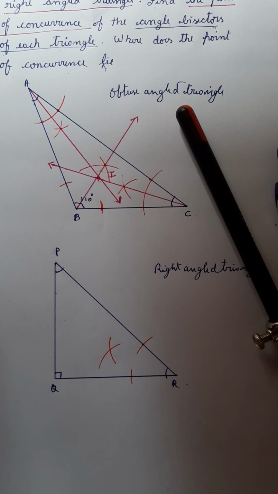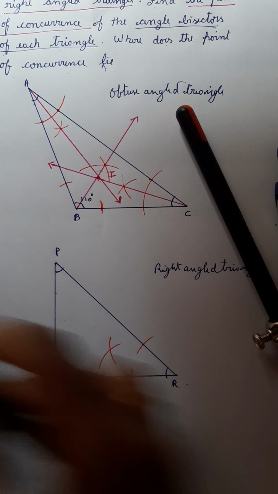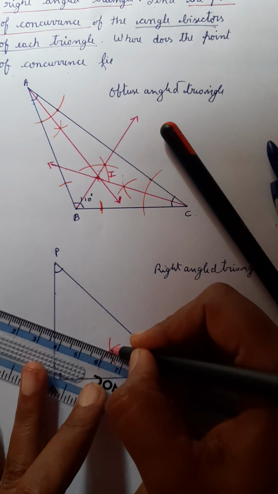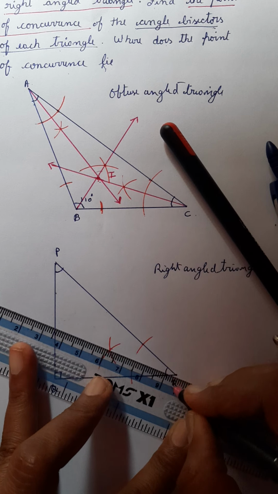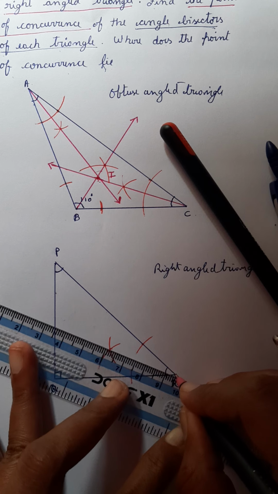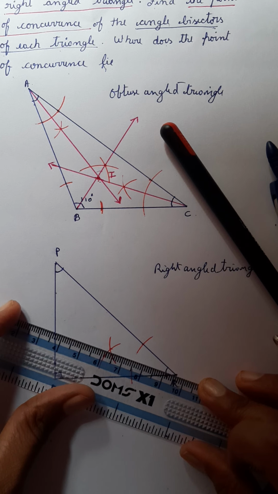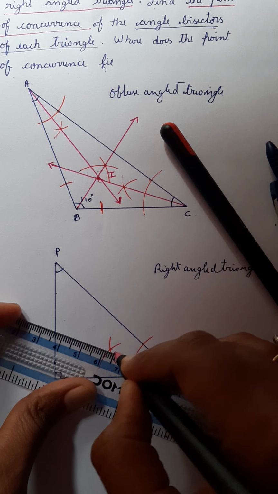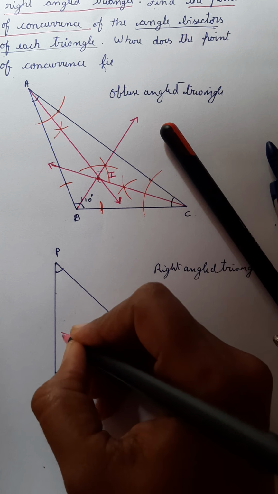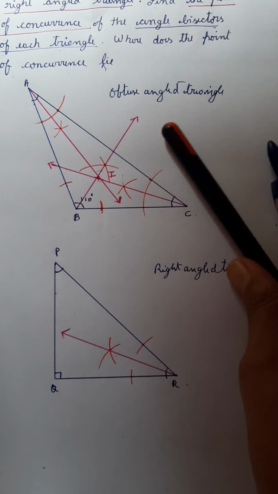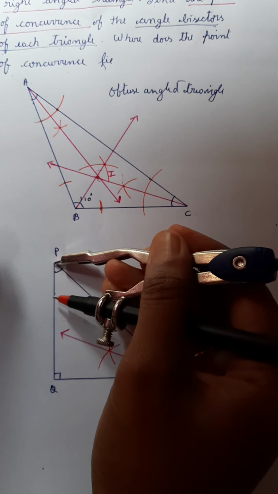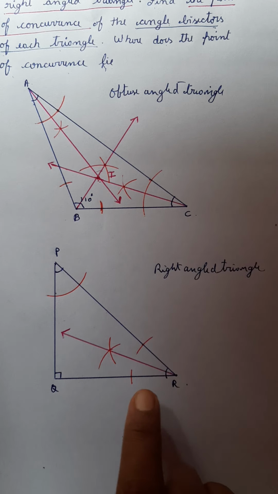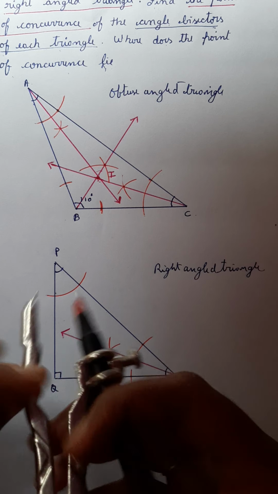Wherever it meets, join those two points, R and this intersection point. Set the scale properly here from R to the intersection point. This is the angle bisector.